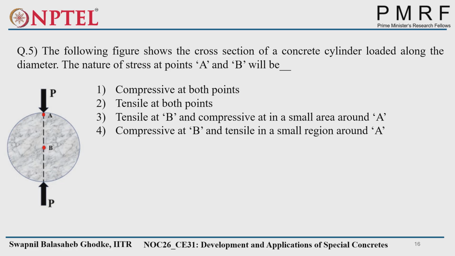So the concrete will split. So what happens at these two points, A and B? What will this A point tell and what will this B point tell? Where will the compression happen, where will the tension happen? What do you understand from the figure based on your visual inspection?